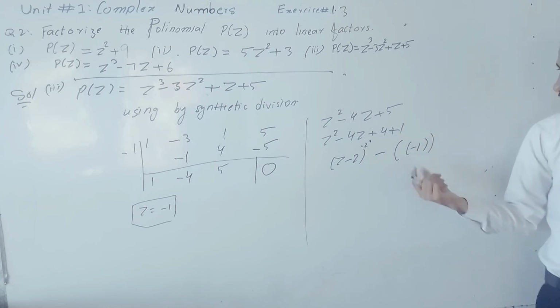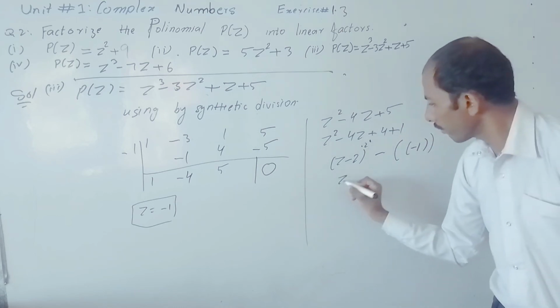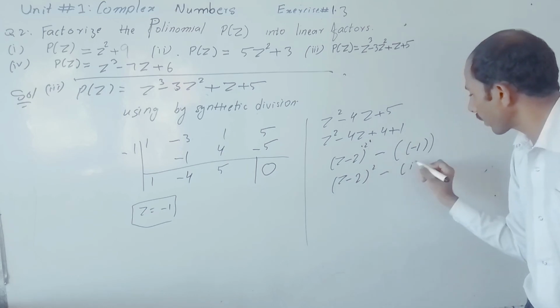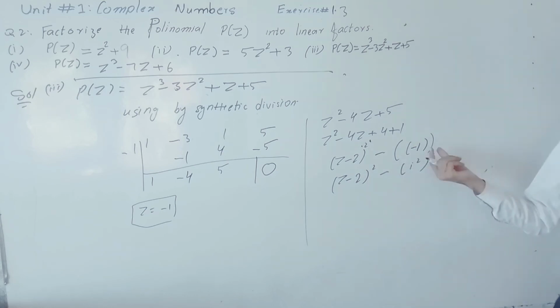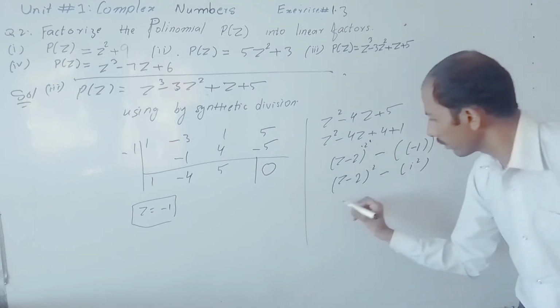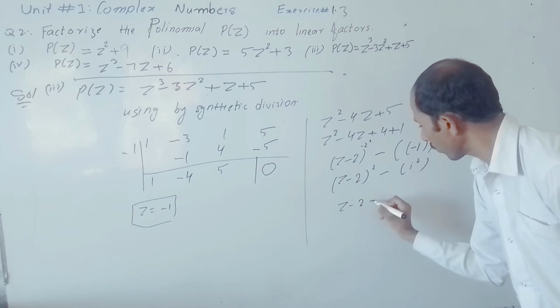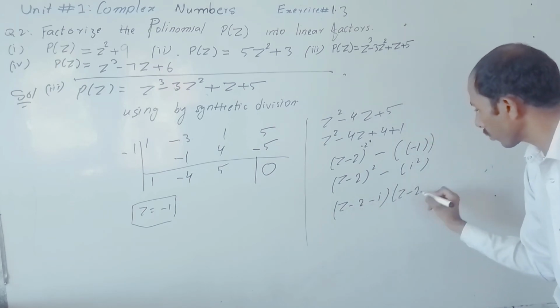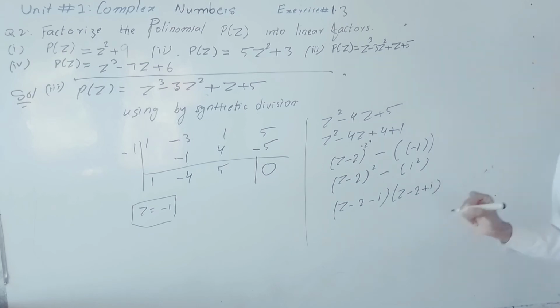So minus 1. So z minus 2 whole square minus into iota square, minus 1 is equal to iota square. So z minus 2 minus iota into z minus 2 plus iota.